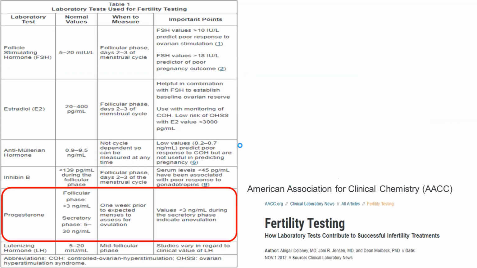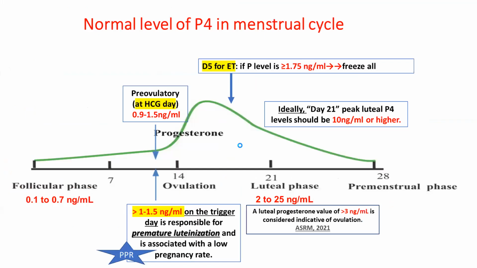The last of the triad of these hormones is progesterone, and progesterone has different values in the menstrual cycle. At the beginning, it should be 0.1 to 0.7 nanogram, and it increases pre-ovulatory, and after ovulation, of course, it increases.